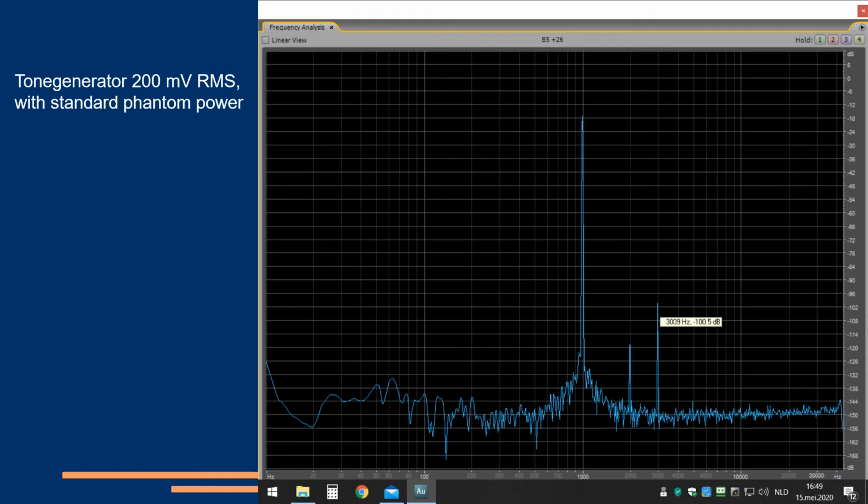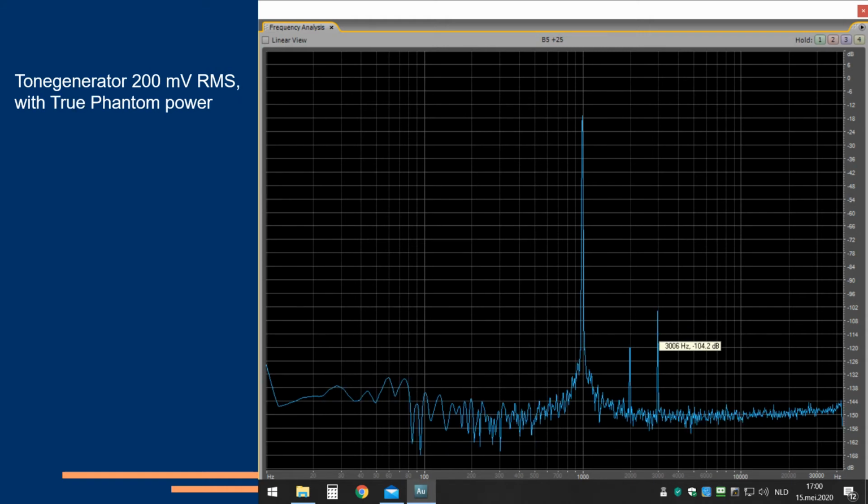You see the second harmonic, and you see the third harmonic is quite strong at 200 millivolts for the standard phantom. With the true phantom, they are significantly lower at an input of 200 millivolts.